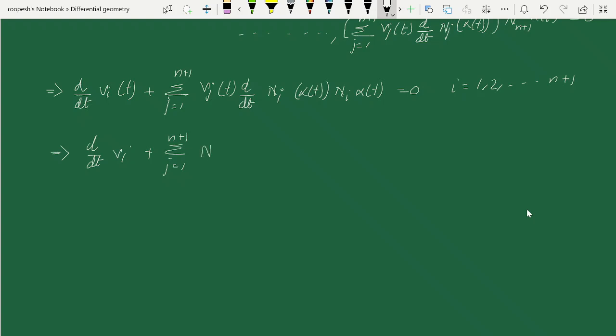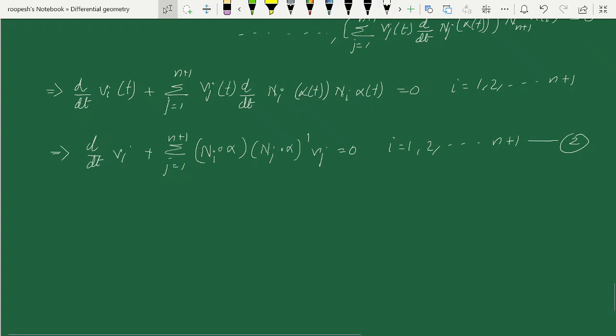I can write this as ni composition alpha into nj composition alpha dash of Vj equal to 0 for i equal to 1 to etc. up to n plus 1. Right? So this is your equation 2.